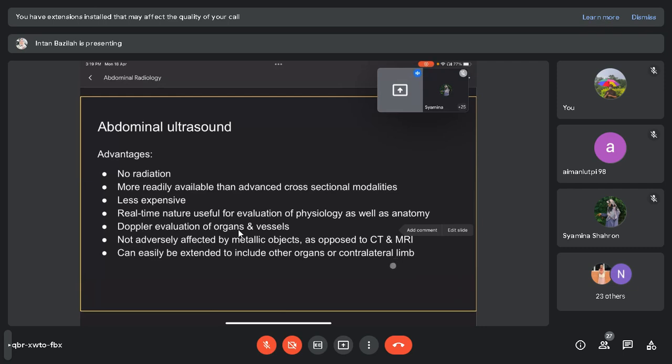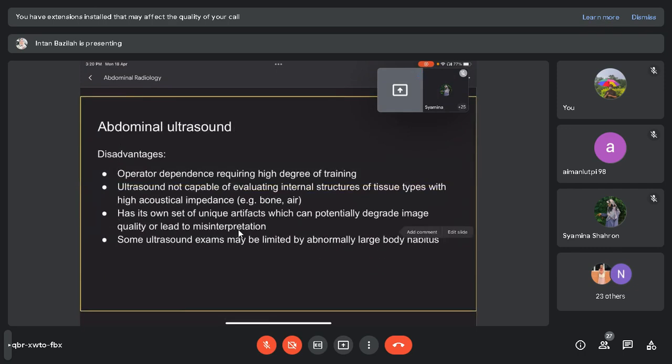MRI, of course, is a contraindication, but for CT it's not a contraindication, but it can give artifact. And it can easily be extended to include other organs or contralaterally. So, for example, you want to do ultrasound on the thyroid, or suddenly you want to add on the left lower limb, so it doesn't matter, okay?